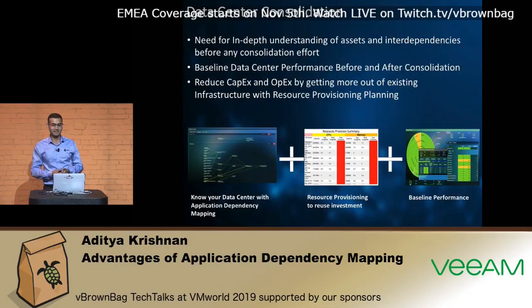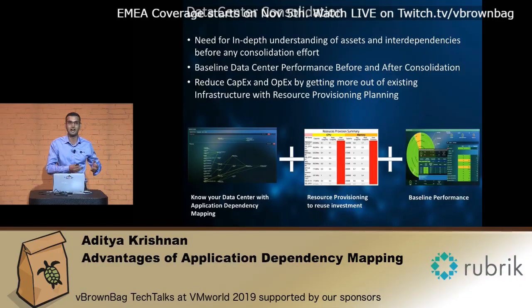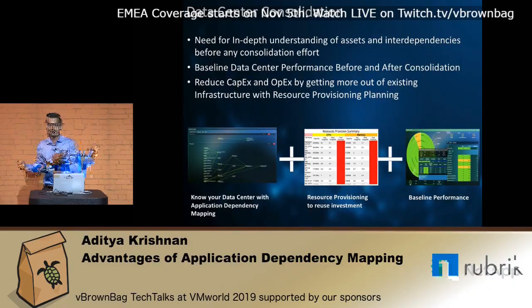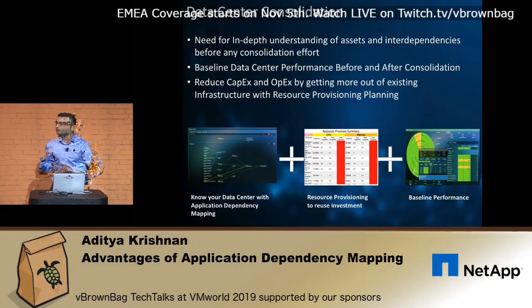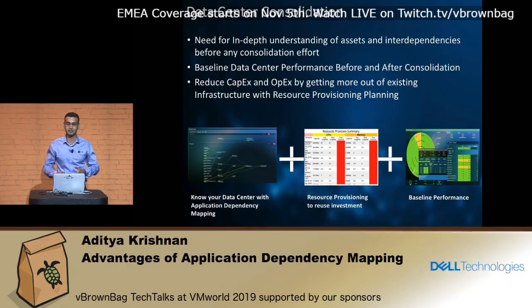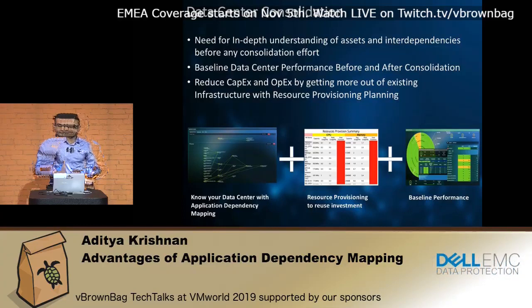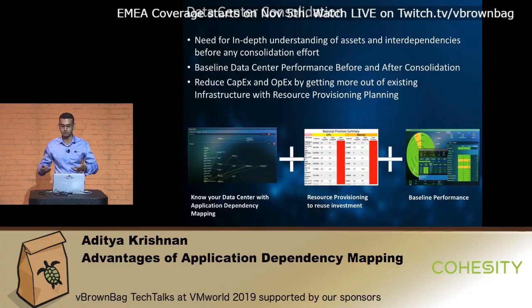So the next is data center consolidation. In a lot of organizations these days, instead of having multiple data centers in multiple different locations, they tend to bring all of them together and consolidate the data center. This is created to help reduce costs and can help in identifying areas to reduce cost and optimize the environment as well.